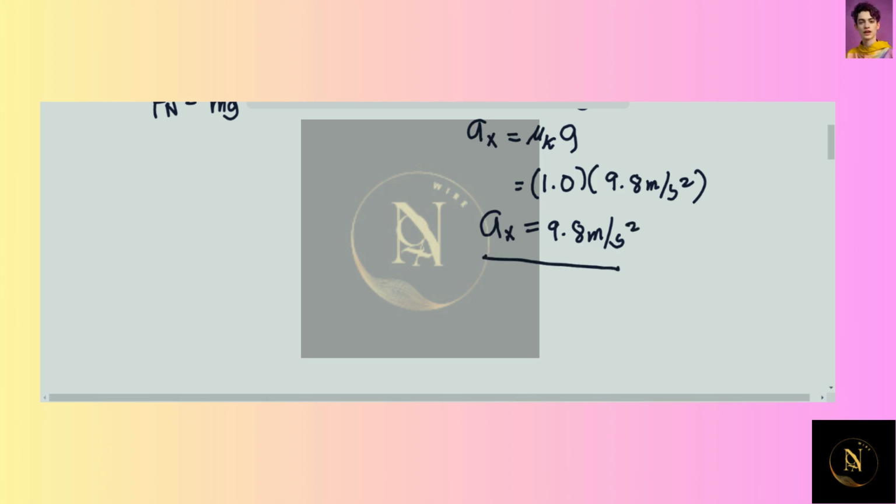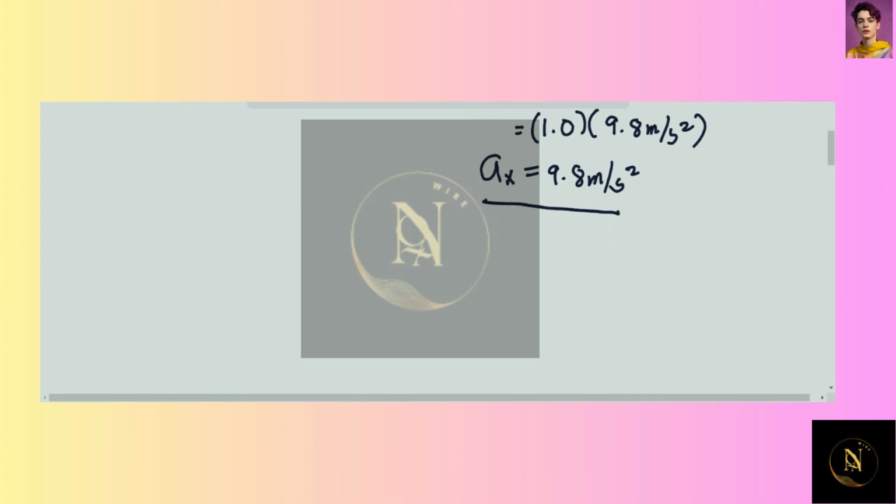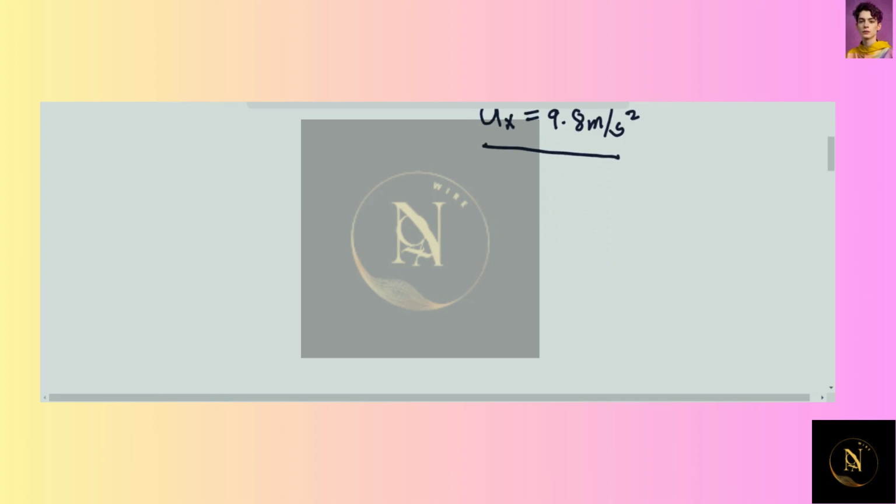We can use this value to solve for the time it takes to reach the end of the bridge using the displacement equation, which is x is equals to x sub naught plus initial velocity multiplied by time plus 1/2 multiplied by the acceleration times t squared.